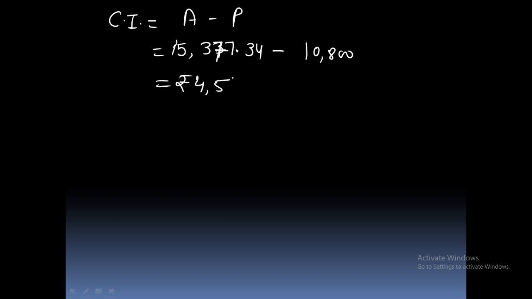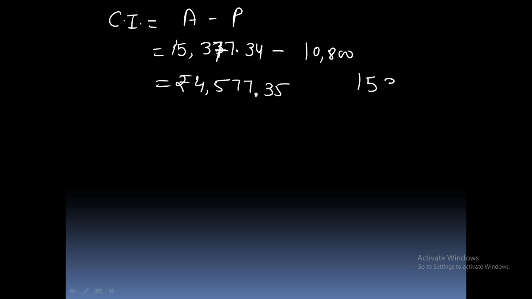Amount minus P. Amount is 15,377.34 minus 10,800, and we will get 4,577.35.